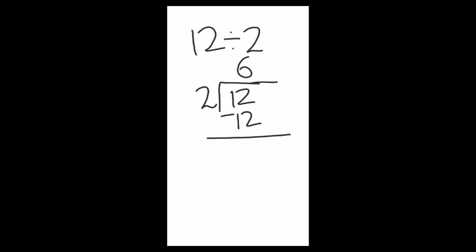Okay, so now 12 will get subtracted from 12. What is left behind? 12 minus 12 would be? 0. Exactly. So, can you tell me which number is your remainder? 0. Exactly, Muhammad. I'm so proud of you.